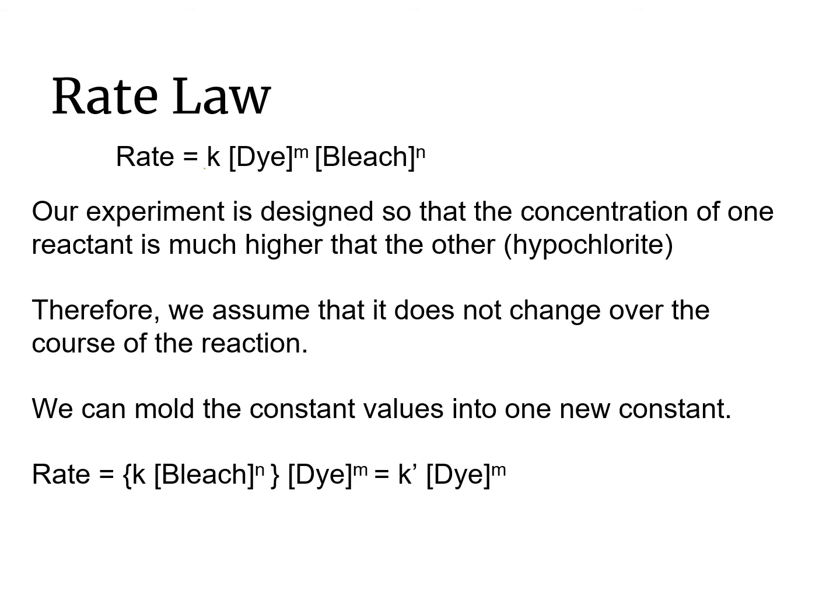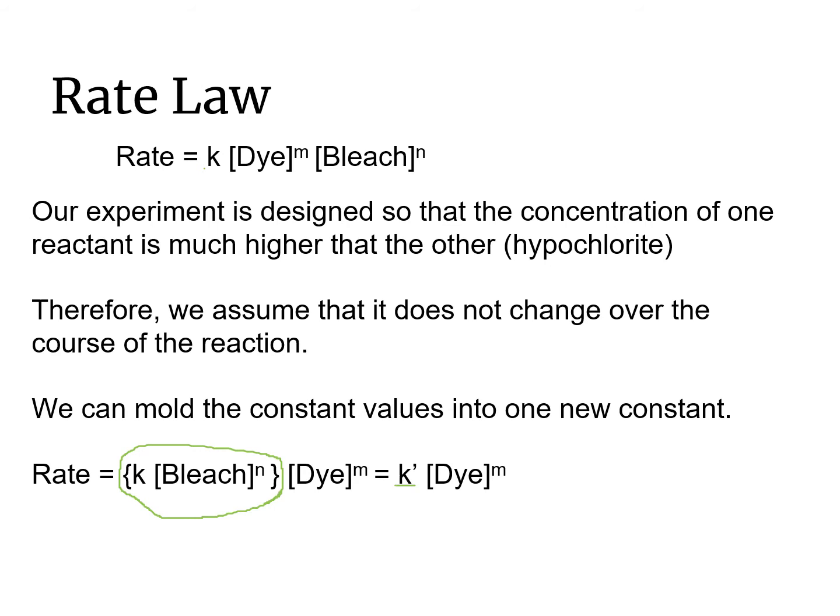But as we said, we are going to make the concentration of the hypochlorite so high that we assume it's kind of constant, and therefore we have this whole equation here, the constant and the concentration of the bleach raised to the order with respect to the bleach, represented by k prime. So pay attention to this equation here because it's important in your calculation.